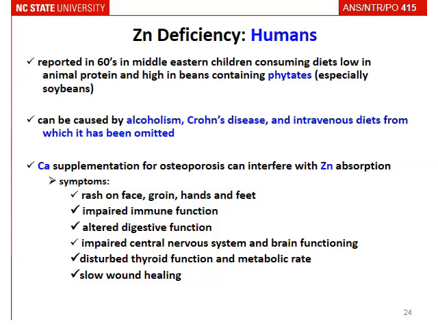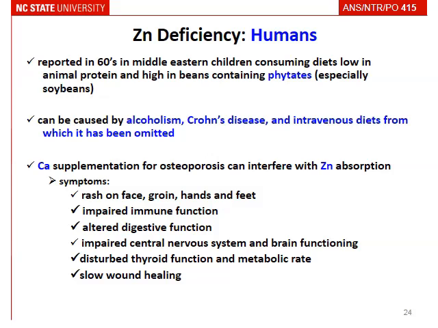So zinc deficiency is not all that uncommon. You see it a lot in individuals that consume diets low in animal protein and high in legumes, such as soybeans, so high in beans. So our soybeans have that nasty little molecule called phytate.